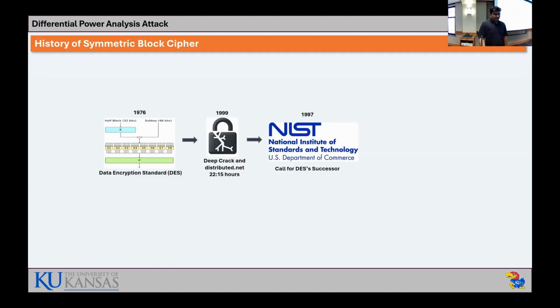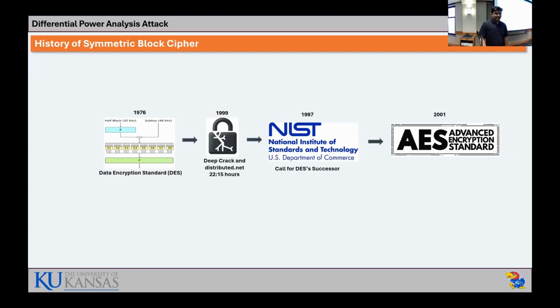So NIST, the National Institute of Standards and Technology, a US government organization, called for proposals. They called on scientists around the world to propose a better encryption engine than DES. People from all over the world submitted their proposals.